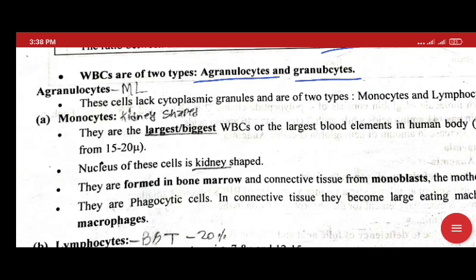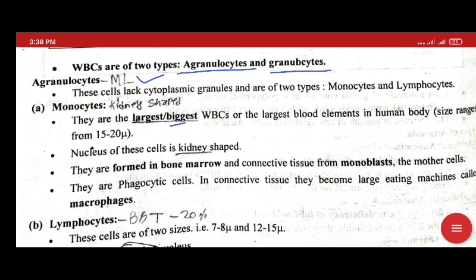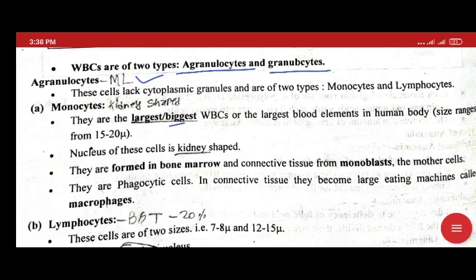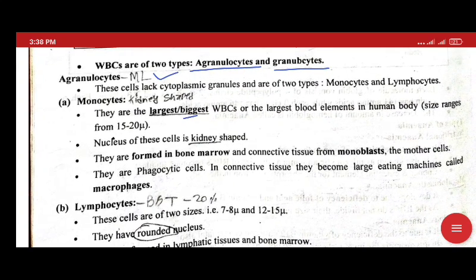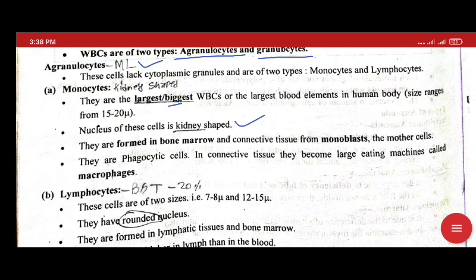Now first let's talk about agranulocytes. In agranulocytes we have monocytes and lymphocytes. Now monocyte is the largest, biggest among the WBC present, its shape is kidney shape, and it is formed in bone marrow.